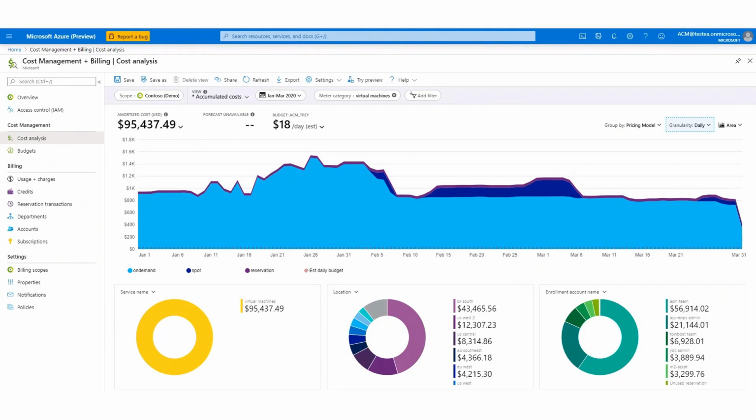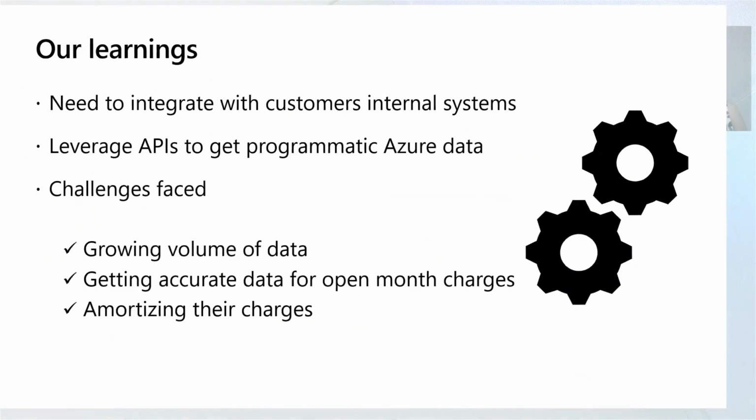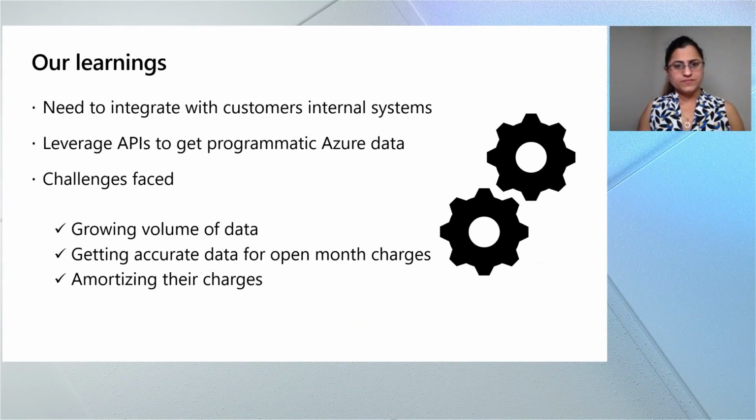We have got a lot of feedback from customers to download this data on their premises and merge it with the local data so that they can do some custom reporting. Absolutely. In addition to that, most of our customers want to automate this process by getting this data programmatically.